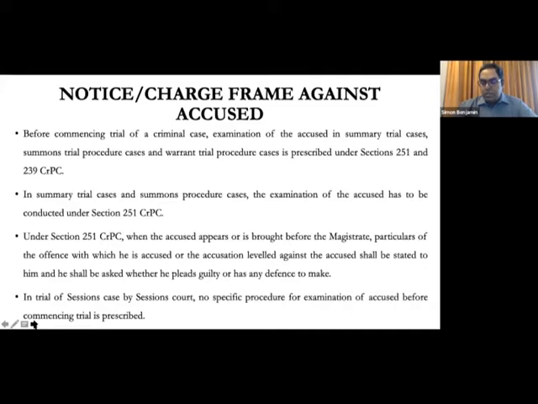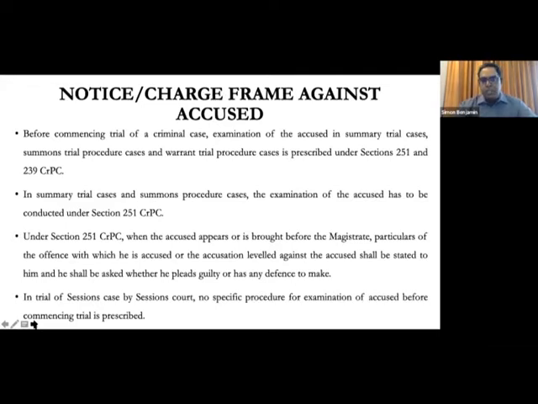The specific provision may not contain the exact punishment, but it will describe exactly what that offense is. Looking at those ingredients, they will find the commonality with the facts narrated by the victim or the informant, and then provide sections to those corresponding facts in the FIR. That's the job of the police officer and not the complainant. The complainant doesn't have to identify the offenses. They simply need to narrate the facts of what has happened with them.